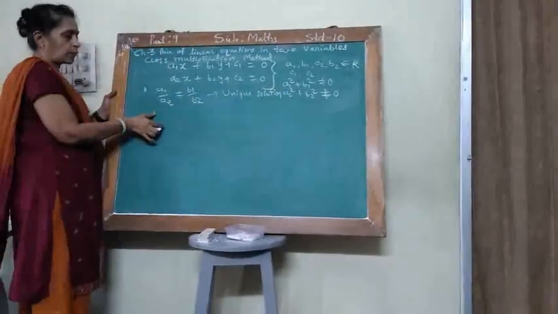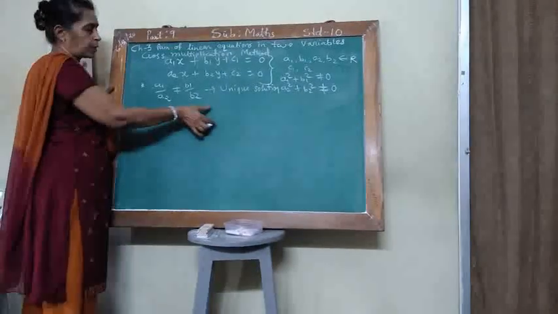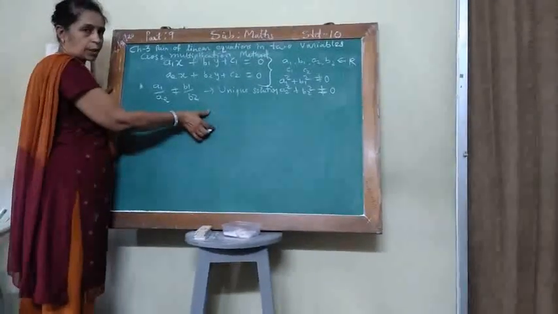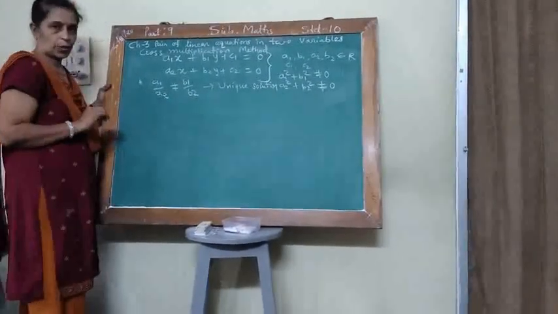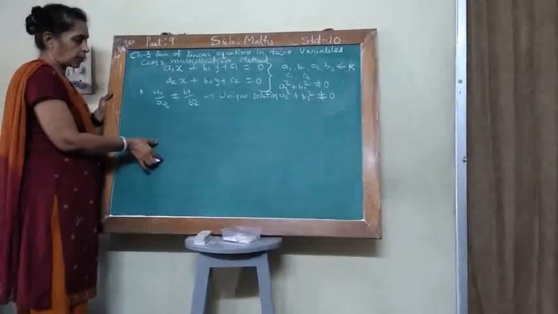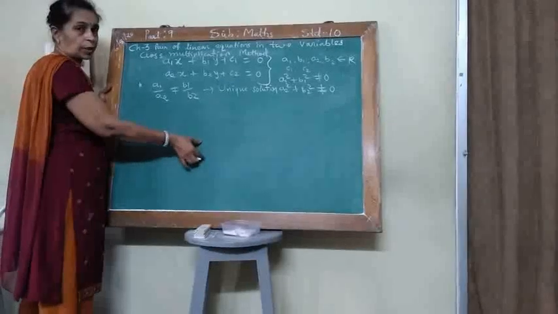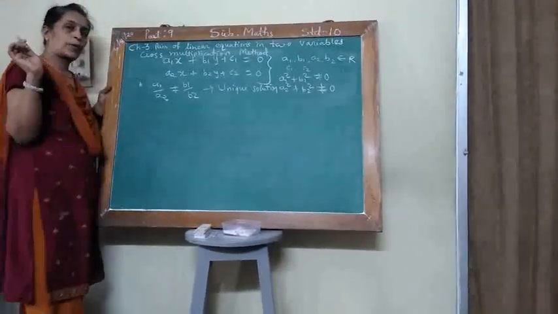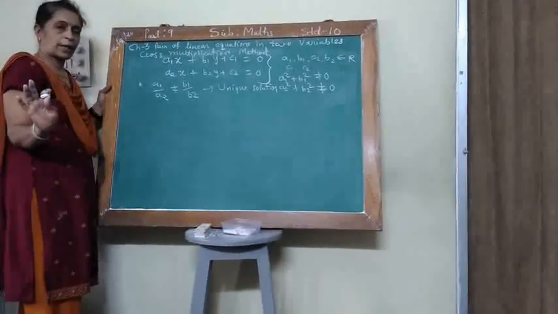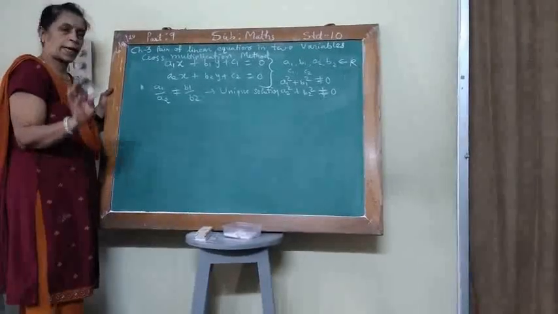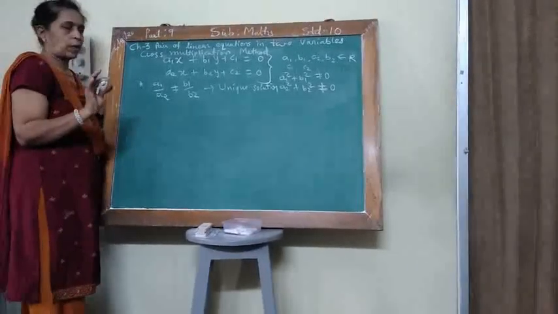And if a1 upon a2 is equal to b1 upon b2 is equal to c1 upon c2, then you get infinite solutions. And if a1 upon a2 is equal to b1 upon b2 is not equal to c1 upon c2, then you get no solution; the lines are parallel. That I have discussed in part 1.